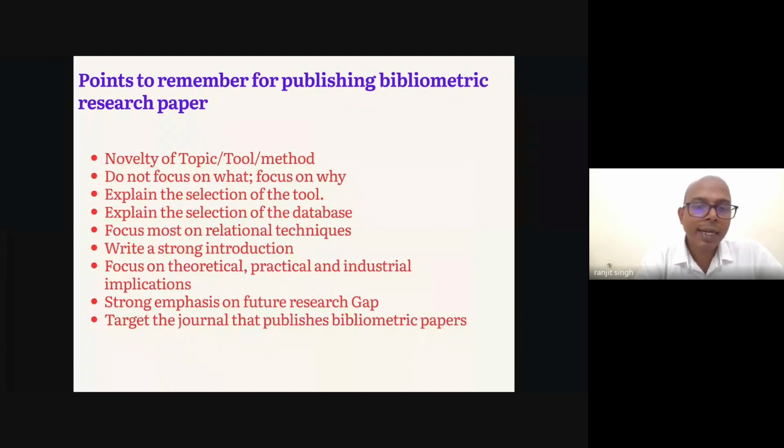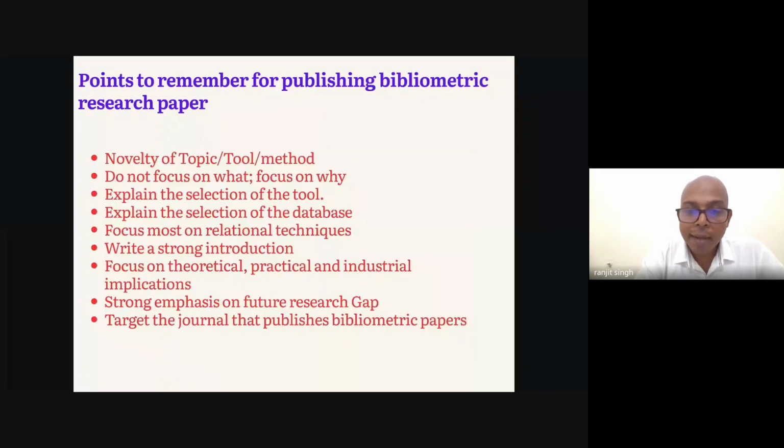Generally we focus on theoretical and practical implications because it is a review of papers. So make a particular heading in your article and mention the theoretical and practical implications of your article. In the theoretical implication, explain how your bibliometric article contributes to theory development or theory improvement.